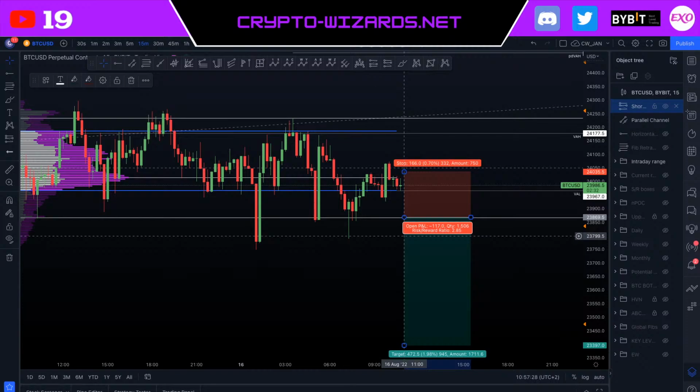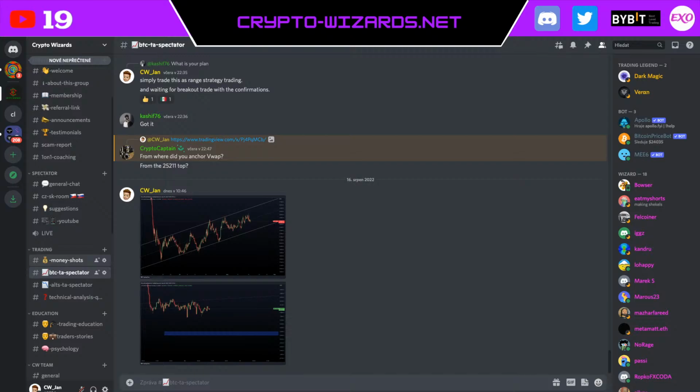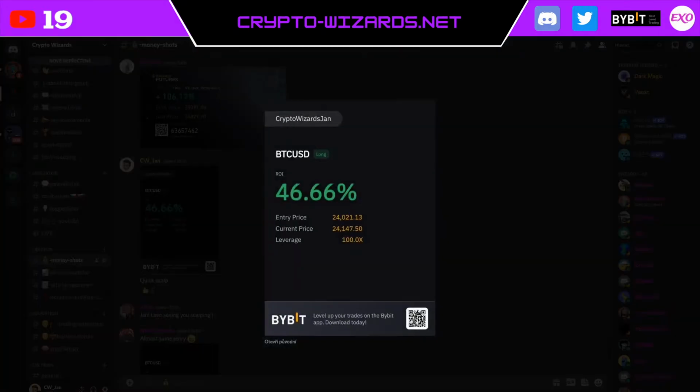Yeah, so pretty small leverage, and I think what makes a lot of people confused are these money shots, right? Where it shows 100x. Obviously, I'm not a gambler. This is only cross leverage. Does it actually show here somewhere? No, probably not.